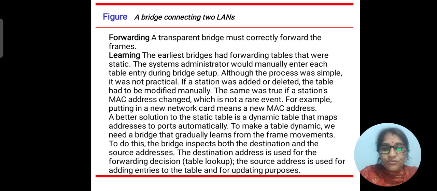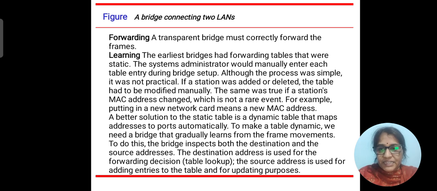Although the process was simple, it was not practical if stations were added or deleted. The table had to be modified, which is not a rare event. For example, putting in a new network card means a new MAC address. A better solution to the static table is a dynamic table that maps addresses to ports automatically.